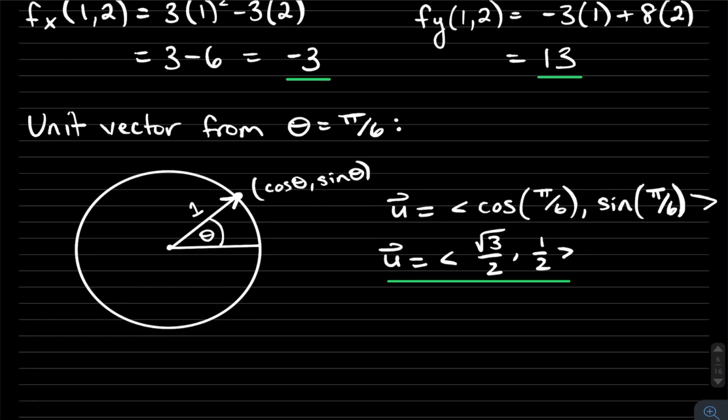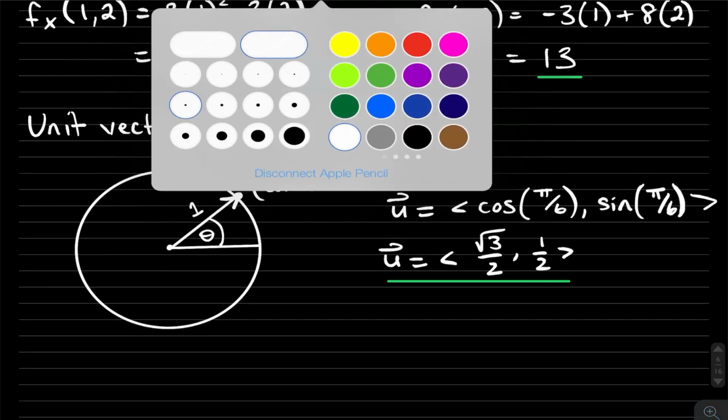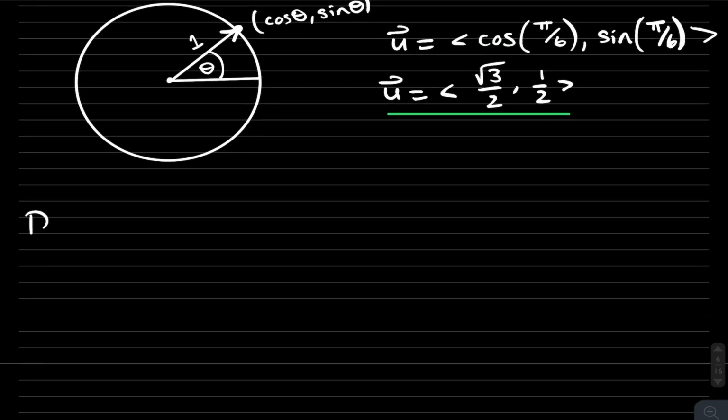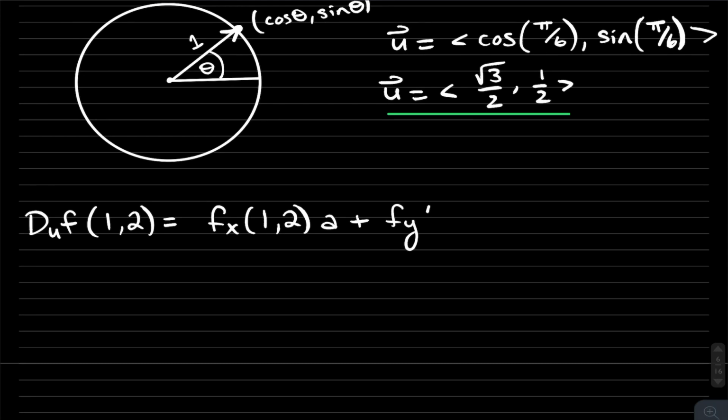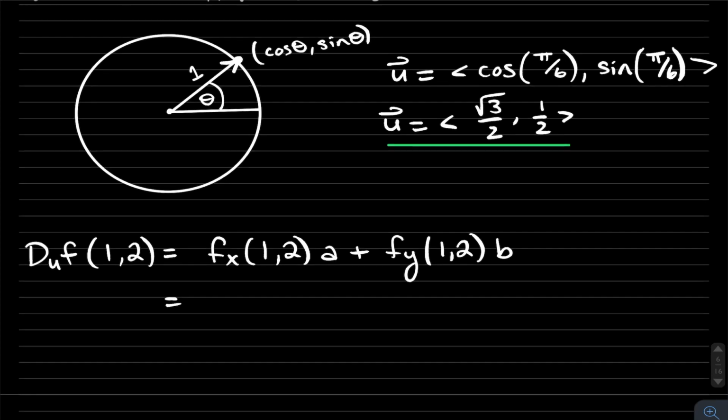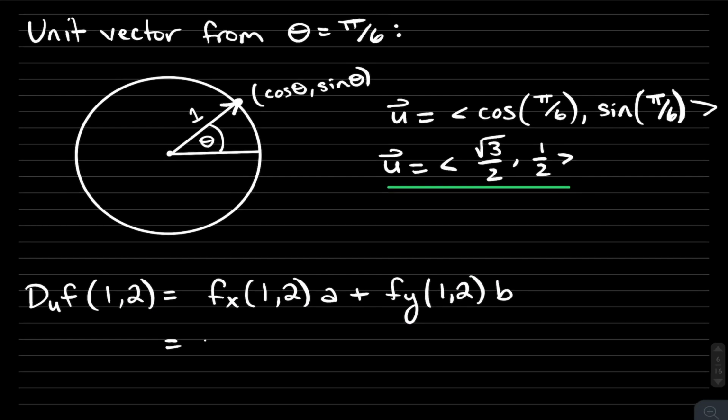So now all we have left to do is plug in to our formula. Let's remember what our formula is. We're saying that the directional derivative at 1, 2 is equal to the partial derivative of x at 1, 2 times a, plus the partial derivative with respect to y at 1, 2 times b. If we now plug in, the partial derivative of x is negative 3, and our a is rad 3 over 2.